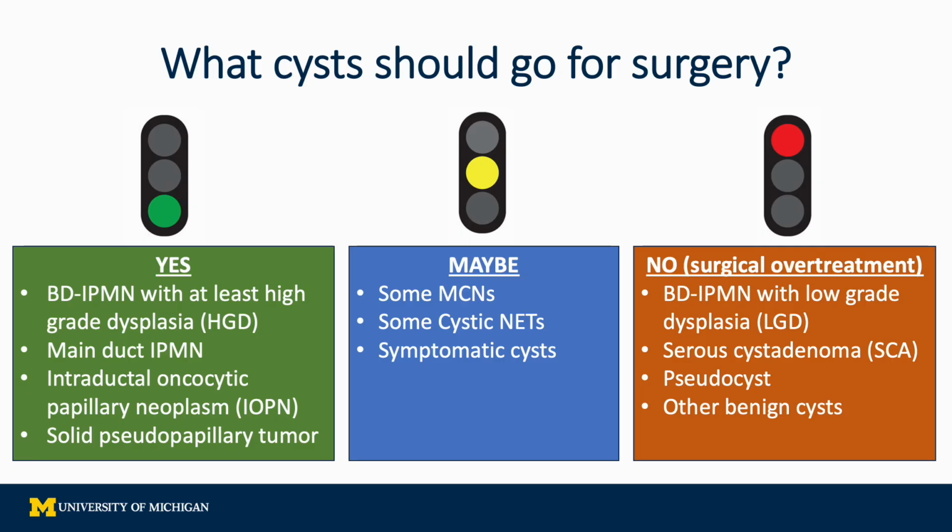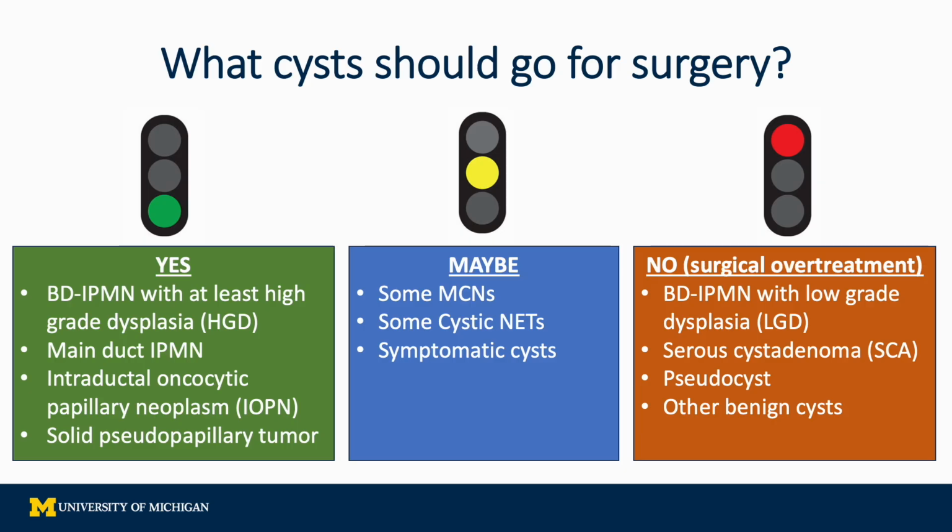This will include branch duct IPMNs with low-grade dysplasia, serous cystadenomas, pseudocysts, and other benign cystic lesions that we find. By far, the most common in this group is going to be the branch duct IPMNs with low-grade dysplasia that we deal with in clinical practice and always try to decide, is this going to be a patient that has progressed to high-grade dysplasia and needs surgery or not?